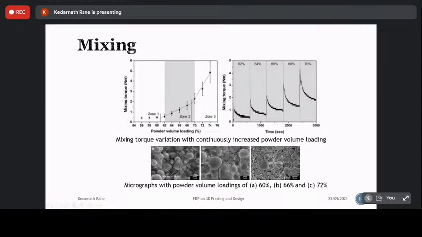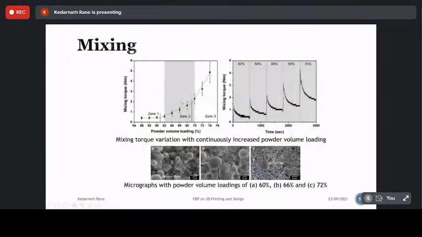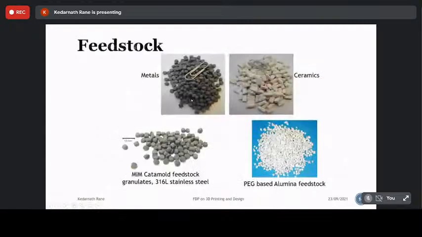At 72%, you can see there are very few polymeric constituents, and it is very difficult to injection mold or even deposit, plus sintering as well.